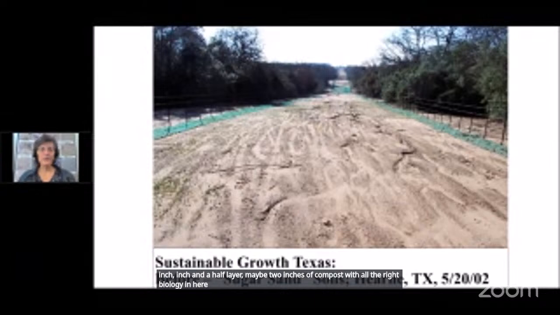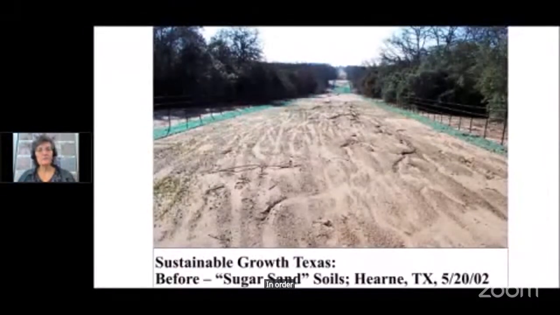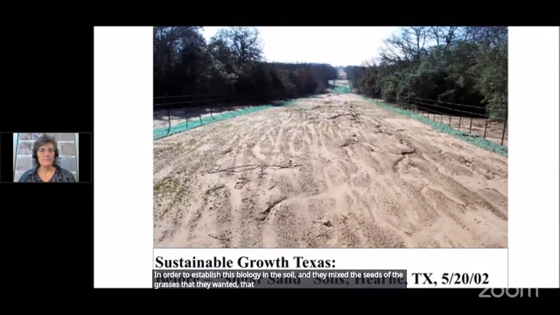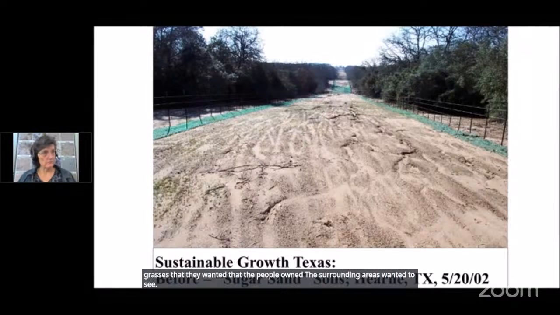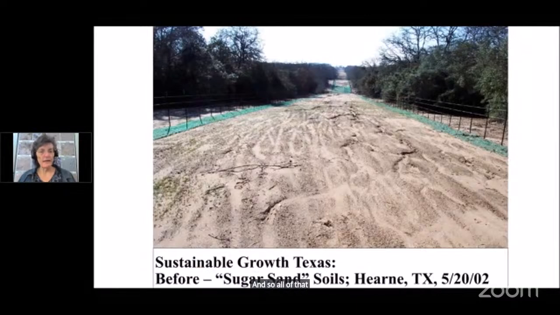We're going to come out with a compost tea, and we're going to apply another application of those organisms if it's needed in order to establish this biology in the soil. And they mixed the seeds of the grasses that the people in the surrounding areas wanted to see. And so all of that went in, and here we are 6 weeks later.